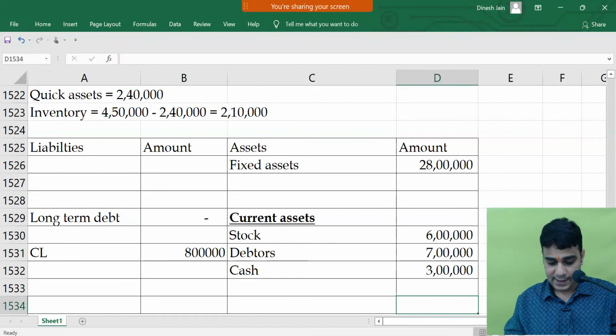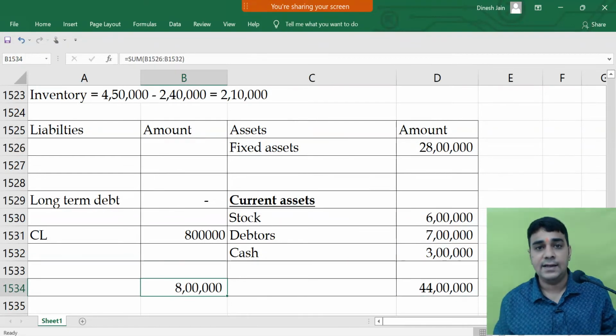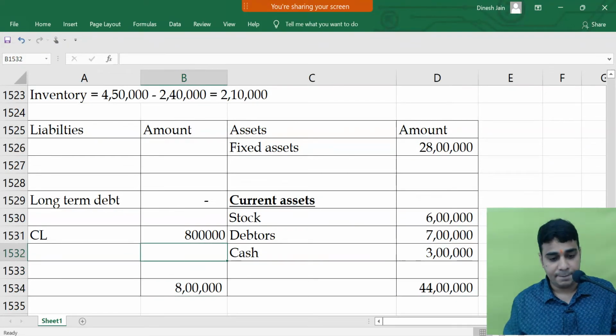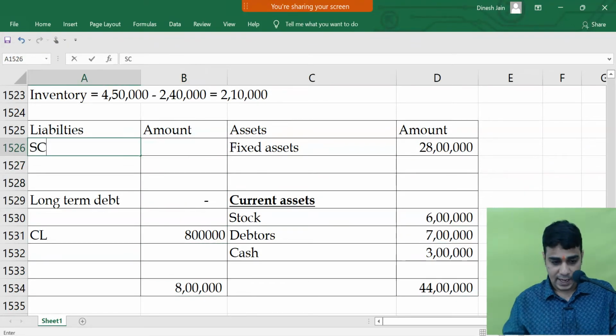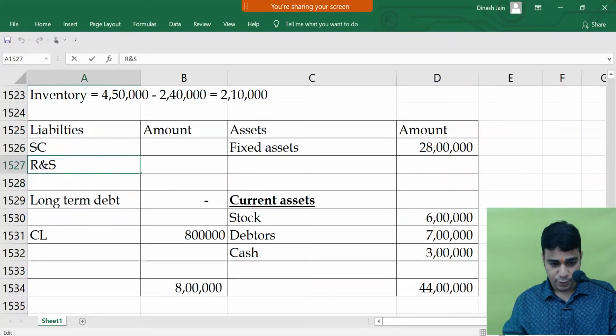The total at this stage is 44 lakhs, 8 lakhs this side. The gap is 36 lakh, which is share capital, reserves and surplus. The ratio for them is 0.25 by capital.